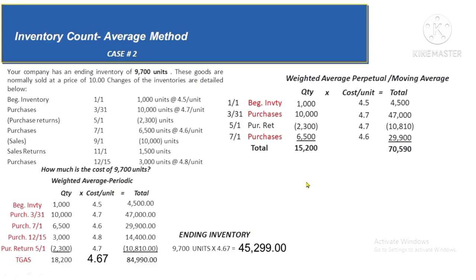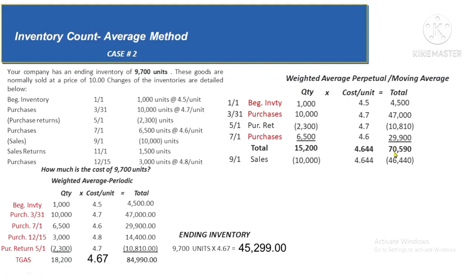So the average cost can be computed by this: 70,590 divided by 15,200 units, which is 4.644 per unit. We are going to use this 4.644 as the cost of the sales of 10,000 units. So we have 10,000 times 4.644, and we will have a total of 46,440, and we need to deduct that on this balance.